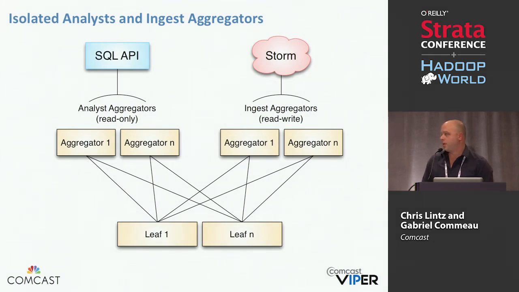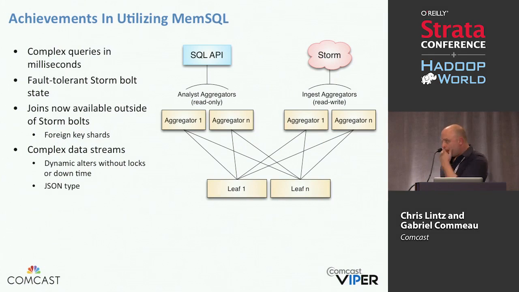But the beauty of this is the analyst aggregators and Storm are literally hitting the same shards of data. This is really what we achieve, and it's pretty exciting. We can do complex queries, even session queries, at the time where peak concurrency is occurring on all of our streams.